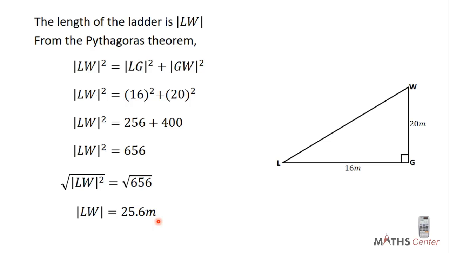Once again, if you want to learn how to correct your answer to a given significant figures, watch the video on approximations. I explained how to do that and how to use your calculator to do that also. So the length of the ladder is 25.6 meters. So we can say that the ladder is 25.6 meters long.